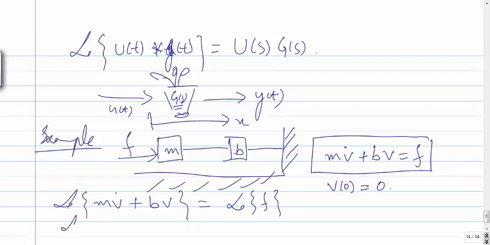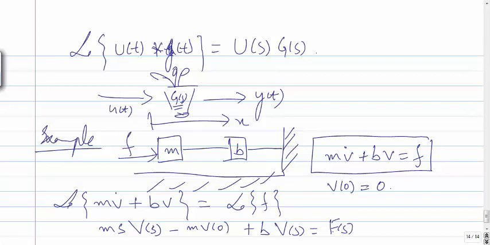Because there is only a single derivative, it becomes m s V of s, also minus the initial condition, that is m times v of 0, plus b V of s equal to F of s.